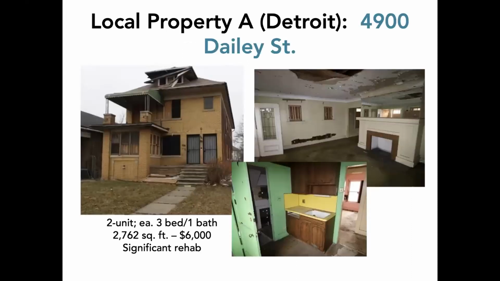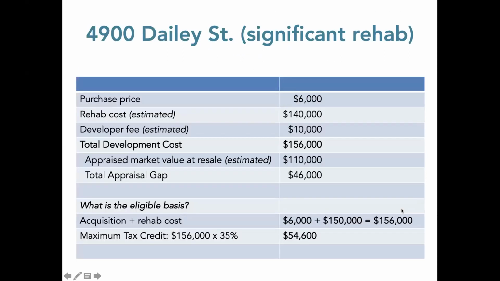So a couple of years ago, I was in Detroit and came across this house. And so this is what the Neighborhood Homes Investment Act might be able to do for a home like this, a 2-bedroom, 3-bathroom, 2-unit. So a purchase price is $6,000, an estimated rehab cost of $140,000.